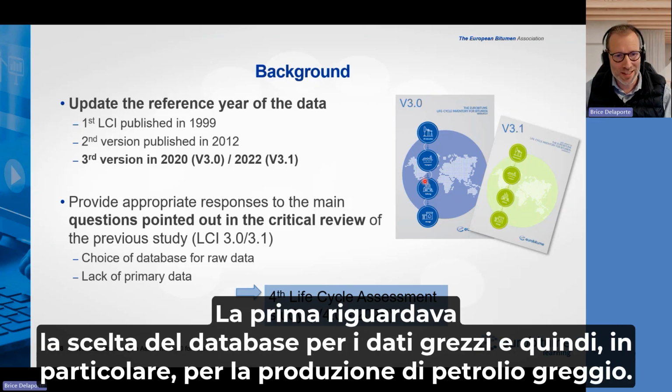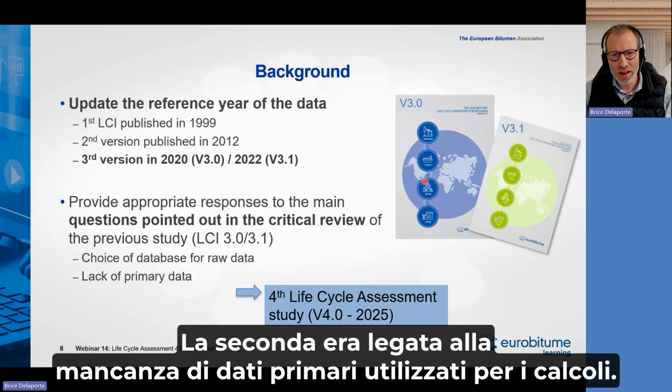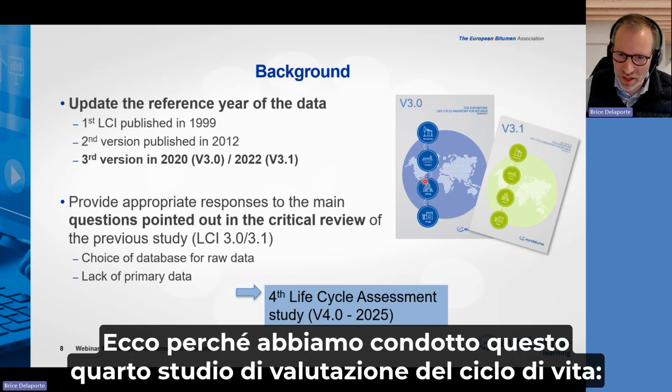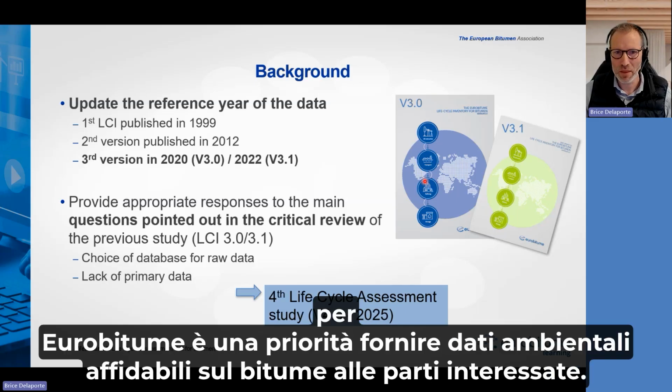The first one related to the choice of a database for raw data, especially for the crude oil production. And the second was related to the lack of primary data used for the calculations. That's why we conducted this 4th life cycle assessment study.